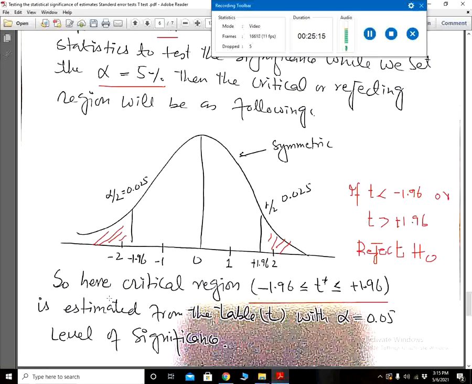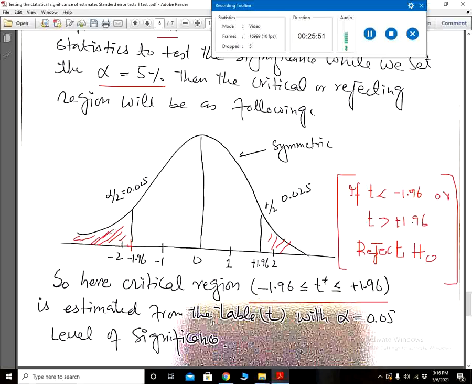So here the critical region is, no, this is not a critical region. This is where we have to accept the null hypothesis. This area is the critical region, right? If t is less than minus 1.96, meaning that t falls beyond this point, t falls over here.